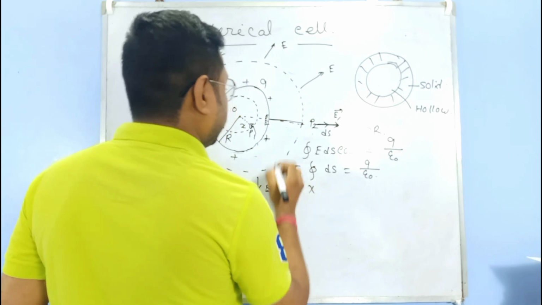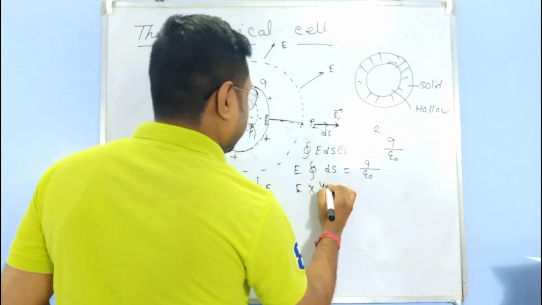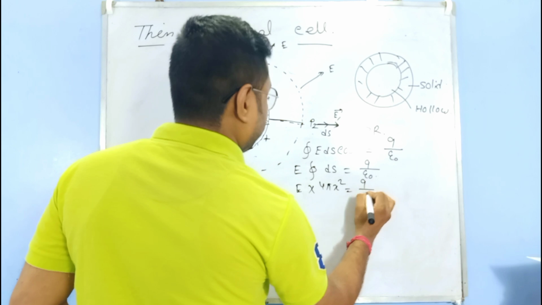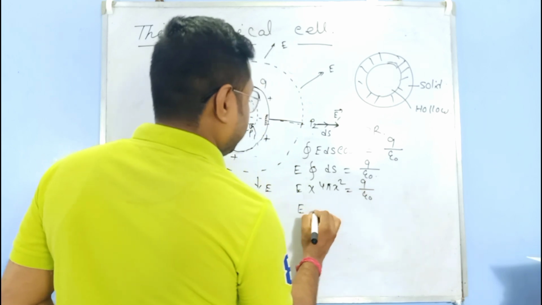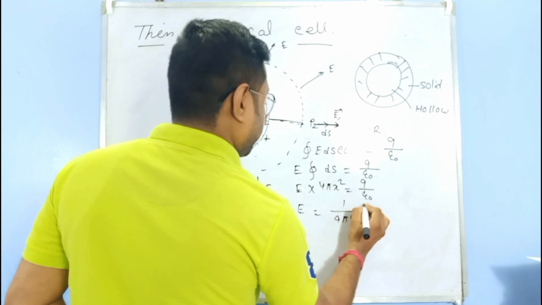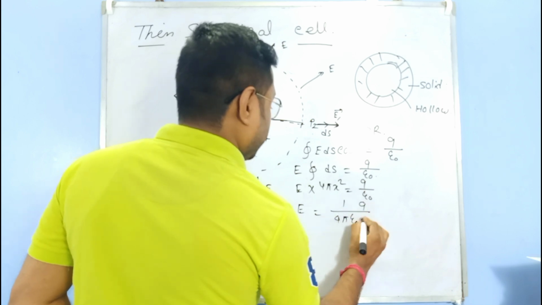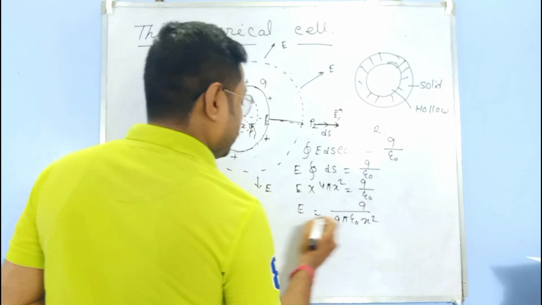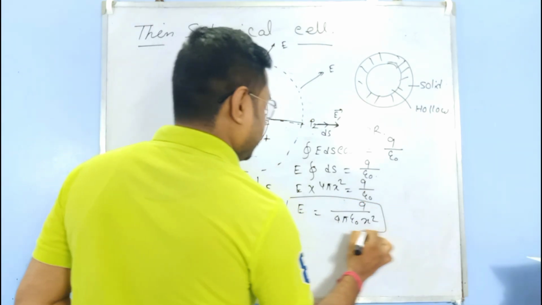So E multiplied by 4 pi x square equals Q by epsilon naught, E equals 1 by 4 pi epsilon naught Q by x square, or Q by 4 pi epsilon naught x square.